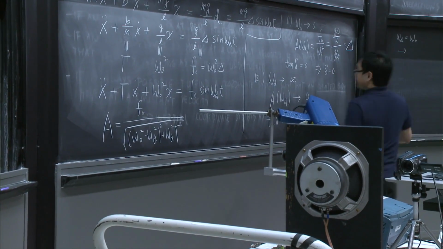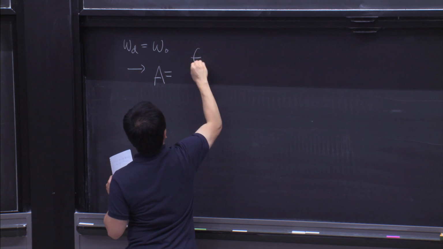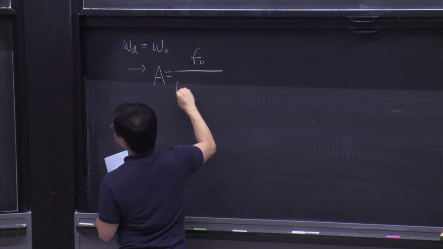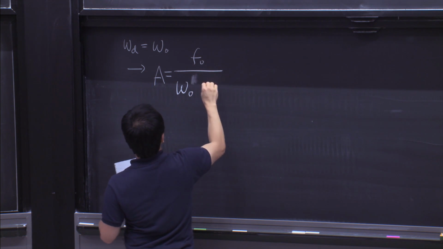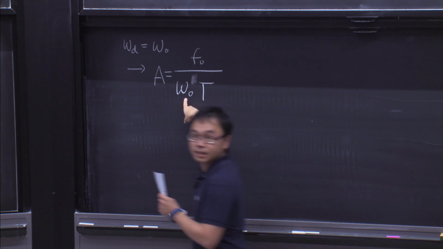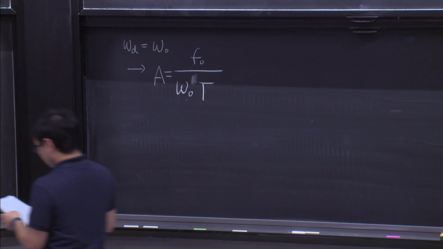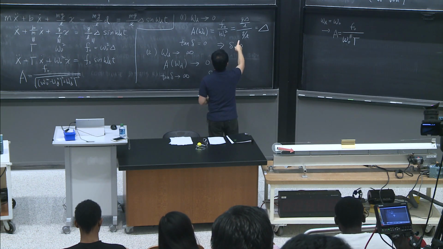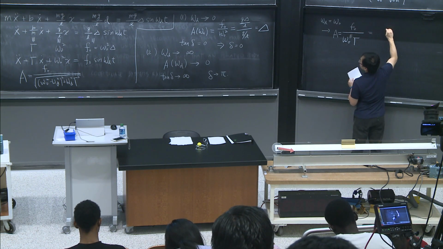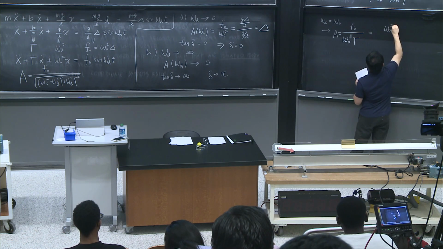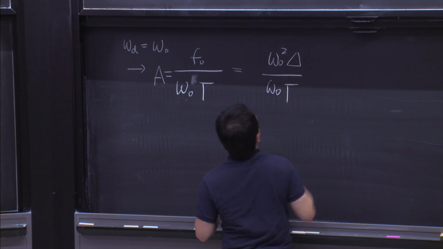So you have A equal to F0 divided by omega 0 squared, omega 0 gamma, right? Omega d is now equal to omega 0, okay? And that is going to give you, F0 is actually omega 0 squared delta divided by omega 0 gamma.